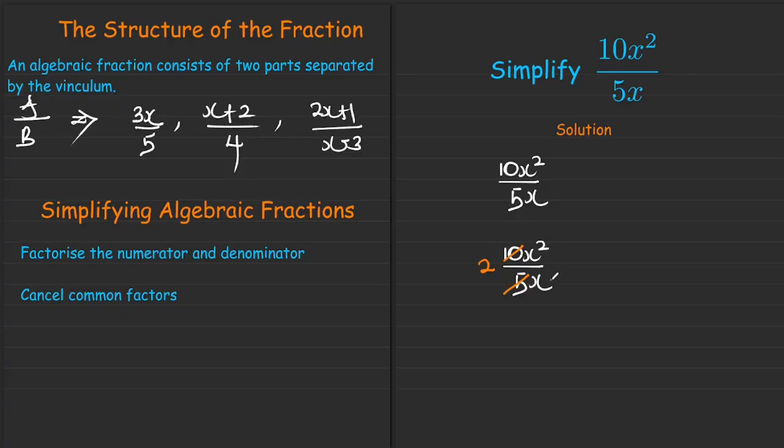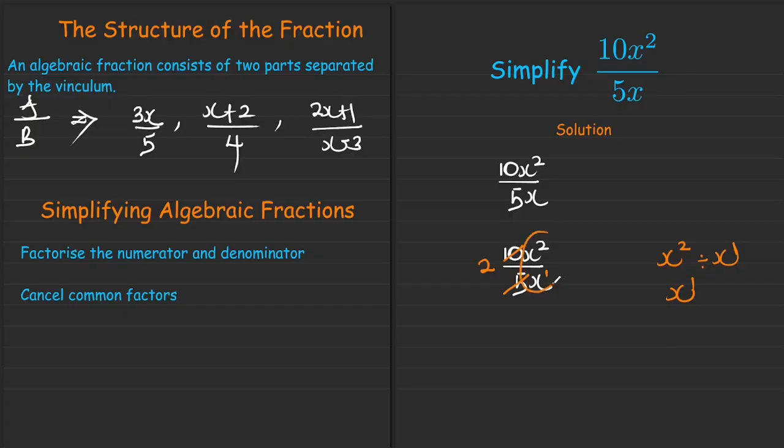And then we come to the x's. So x squared over x. Now we know we apply the laws of indices here, where you have 1 as the power of x, and then we have 2. And it says if we are dividing, what do we do? We subtract the exponent, so that we have x to the power 2 divided by x to the power 1, which gives us x to the power 1.